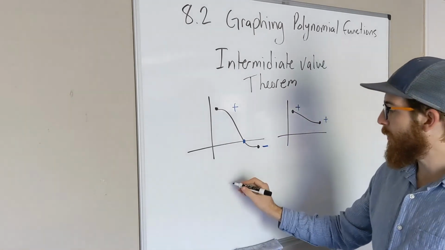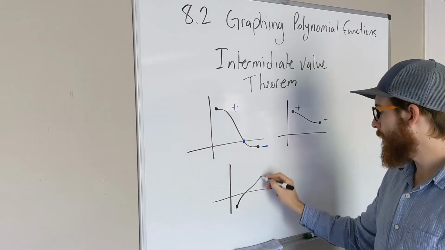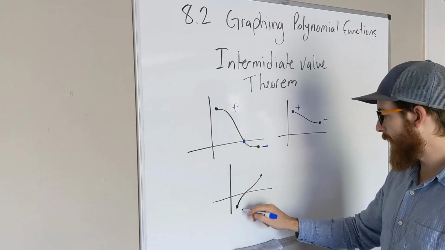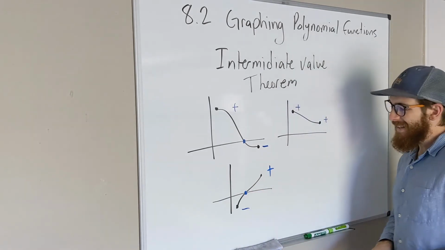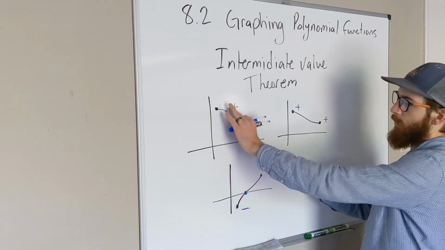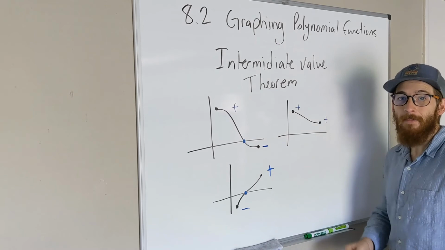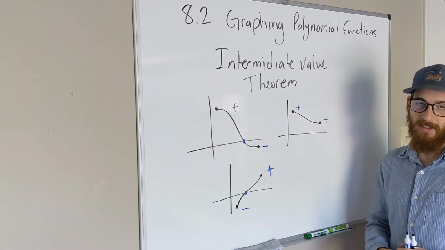So let me show you a case like that. But before, I'll do an opposite one. What if it starts off negative and ends up positive? It crosses. So anytime you have this, where the signs change, it must have crossed the x-axis. It has to have crossed the x-axis.